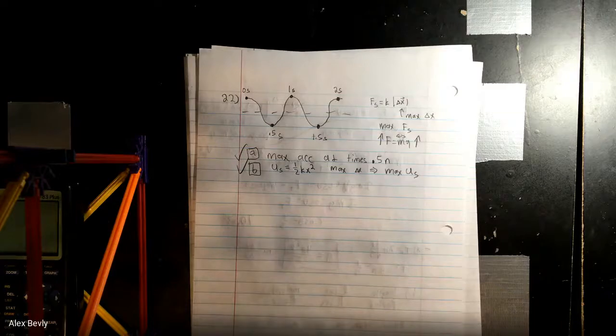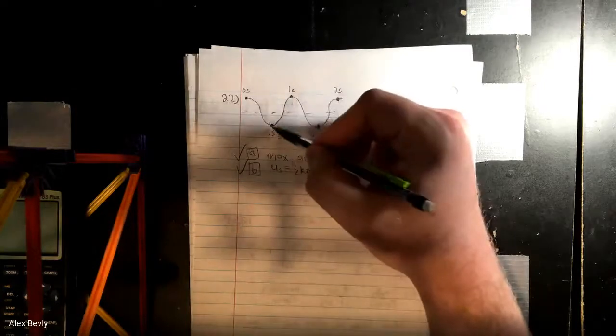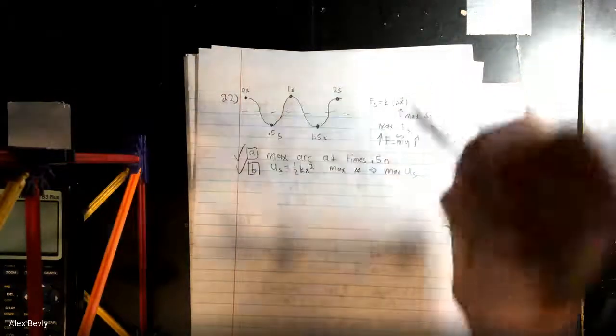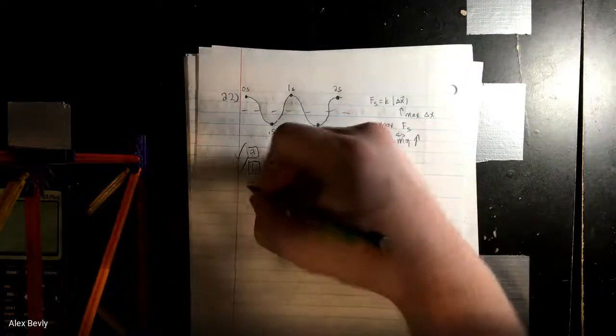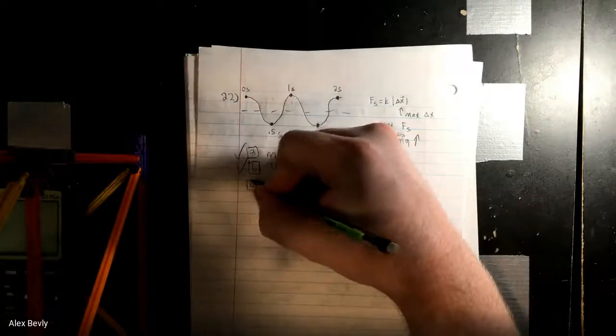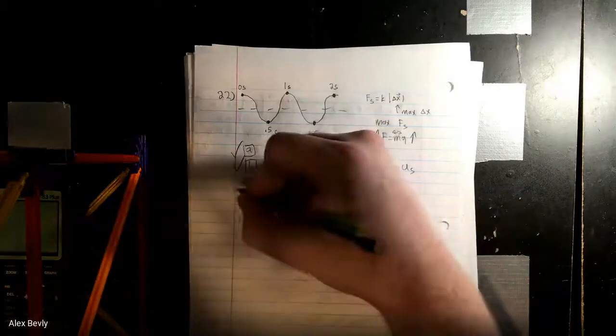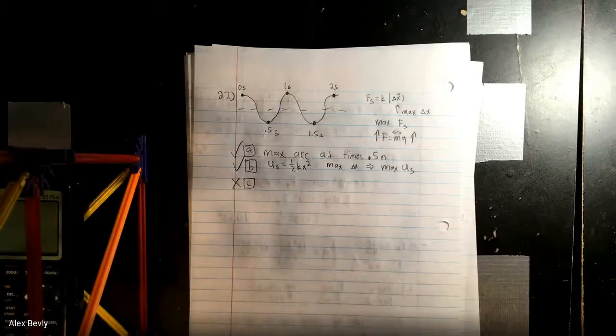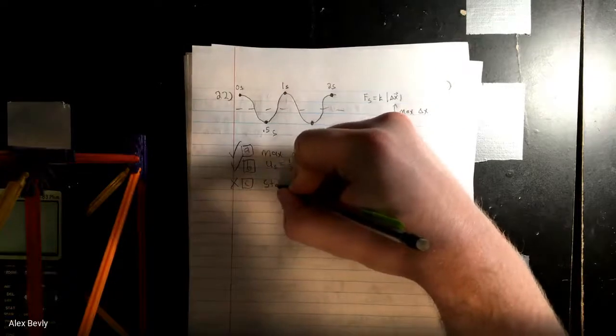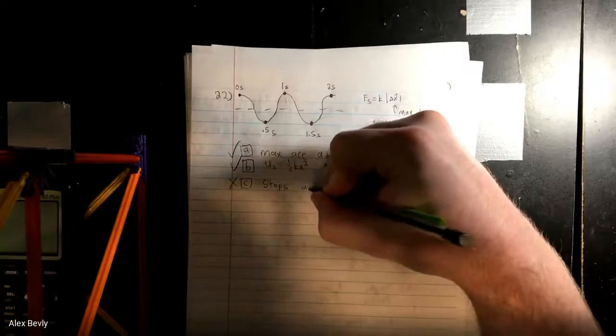All right, C, the block will have a maximum speed at those times, all the 0.5 n, 0, 0.5, 1, 1.5, 2. Correct or not correct? Yeah, what happens at the endpoints? What do we have to do? Yeah, it stops at the endpoints.